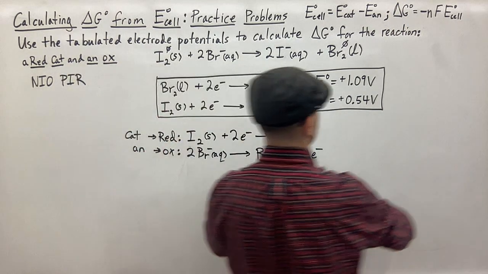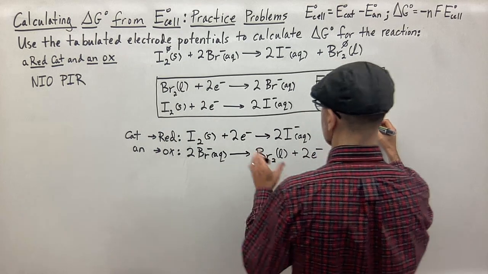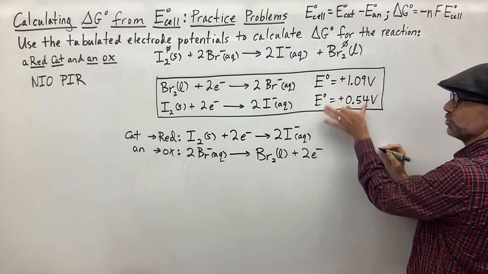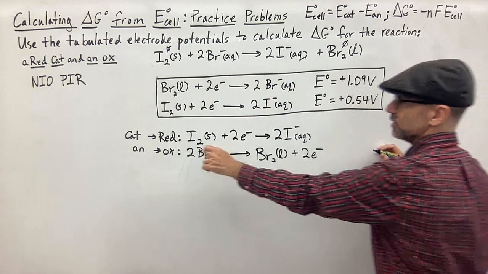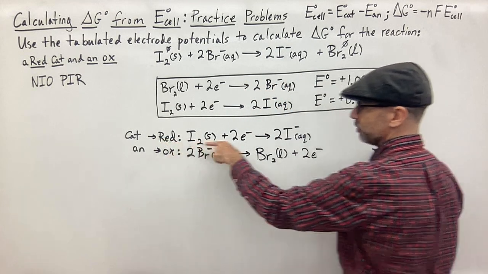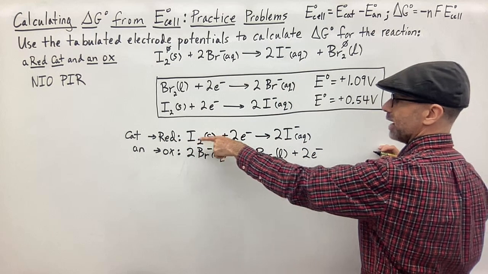So what I'm going to do is write it over here and show you this way. Here I have the electrode potentials of these two reactions. The iodine one is happening here, so this one is going to be at the cathode.